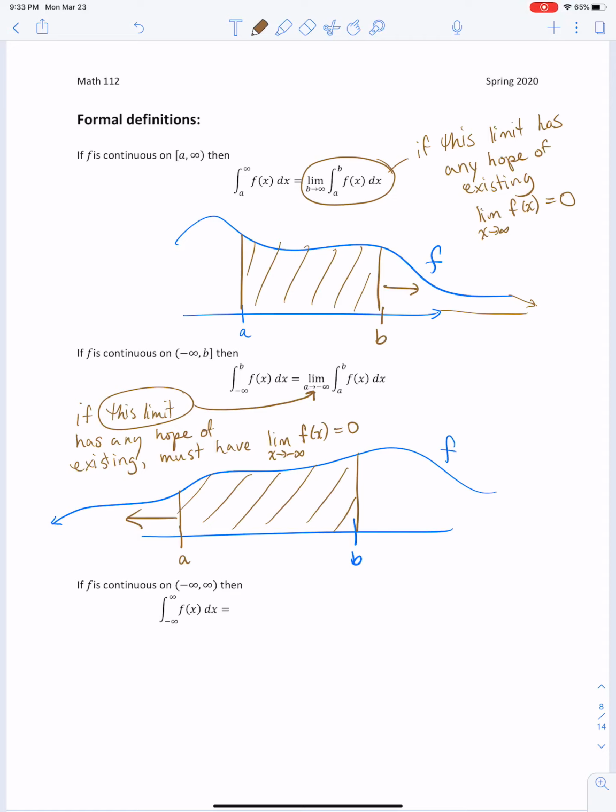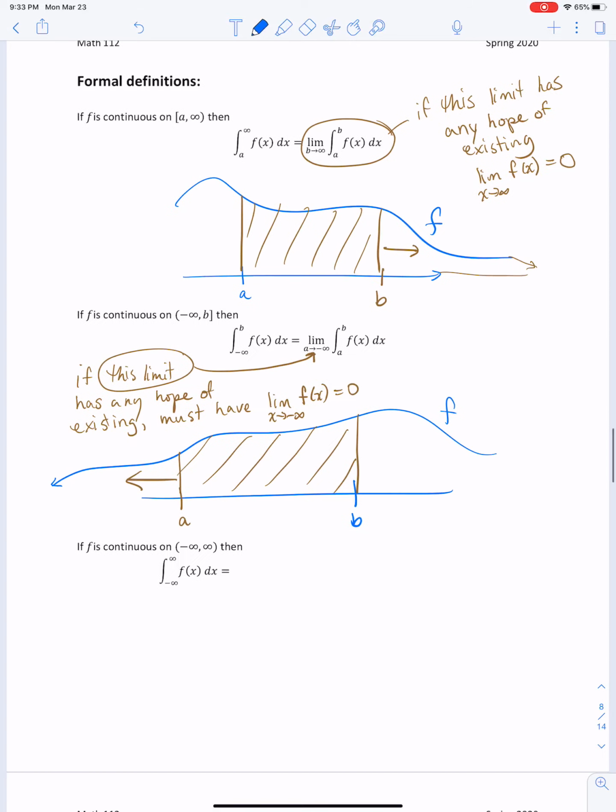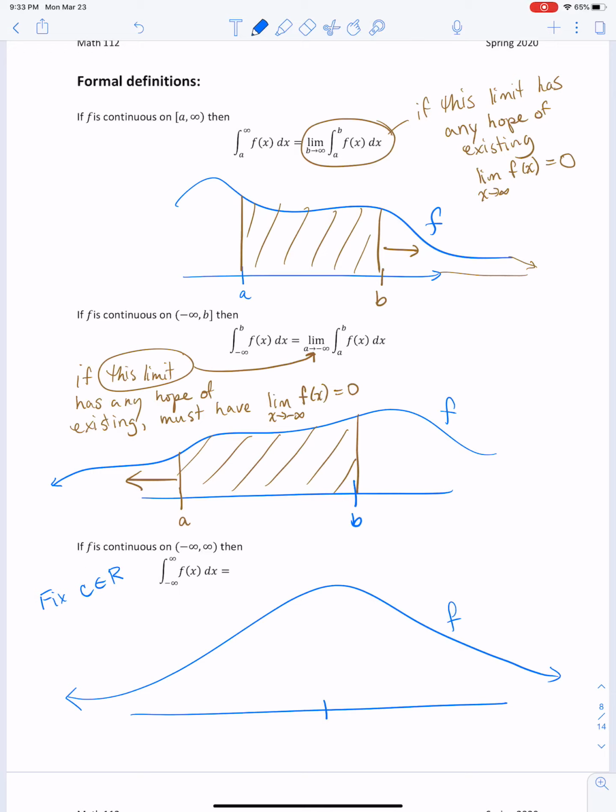Let me write down what's happening in the bottom case. This case combines the two previous cases. We have our function f and we want to integrate over the whole real line. What we do is fix some real number c.